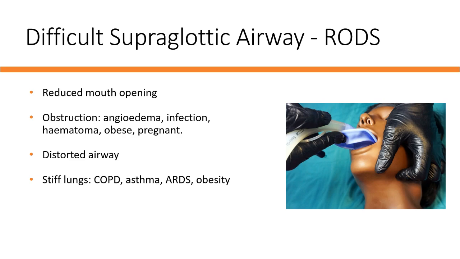The supraglottic airways are designed to fit into an airway of a particular shape, and so if there's distortion, they may not work. The S stands for stiff lungs again, and here the same examples apply: COPD, asthma, ARDS, and indirect stiffness of the lungs occurs in abdominal distension because there's extrinsic compression on the thoracic cavity, and that can result in a similar situation to stiff lungs.